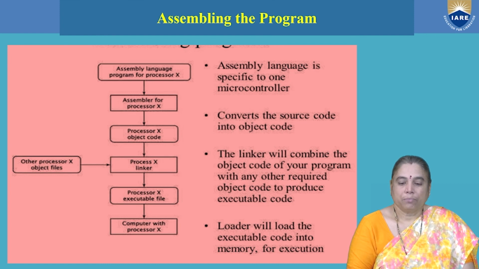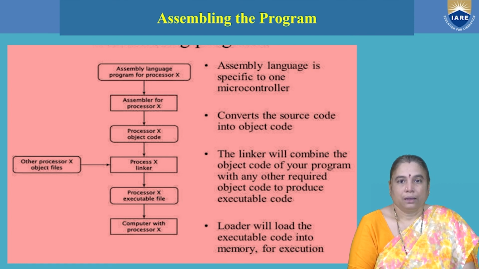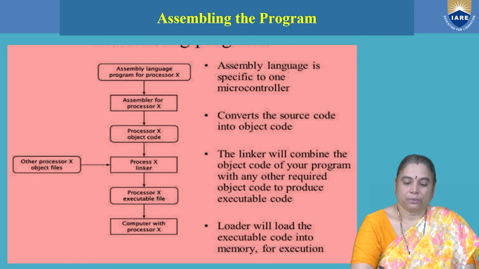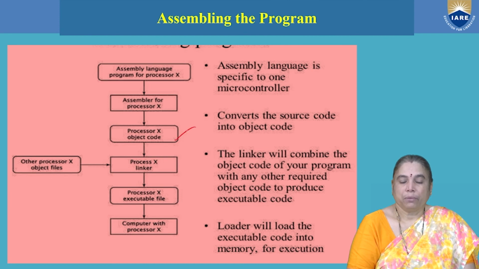So how does the assembling of the program have to be done? Here, after converting by using the assembler, the assembly language code has to be converted into machine language. But before that, after compilation or assembler, the object code has to be prepared.